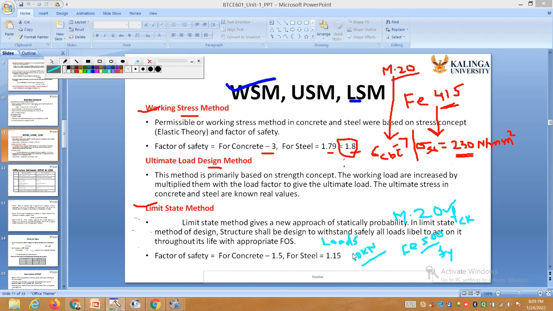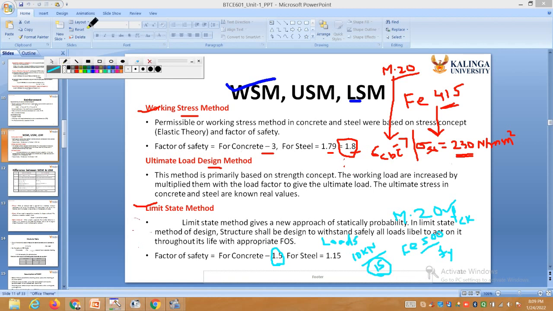We multiply this load by 1.5, meaning a factor of safety of 1.5 is taken for designing of concrete in the limit state method. If we multiply 10 by 1.5, we get 15 kilonewtons, and for the 15 kilonewton load we design the structure. So this is the basic difference between working stress and limit state method.